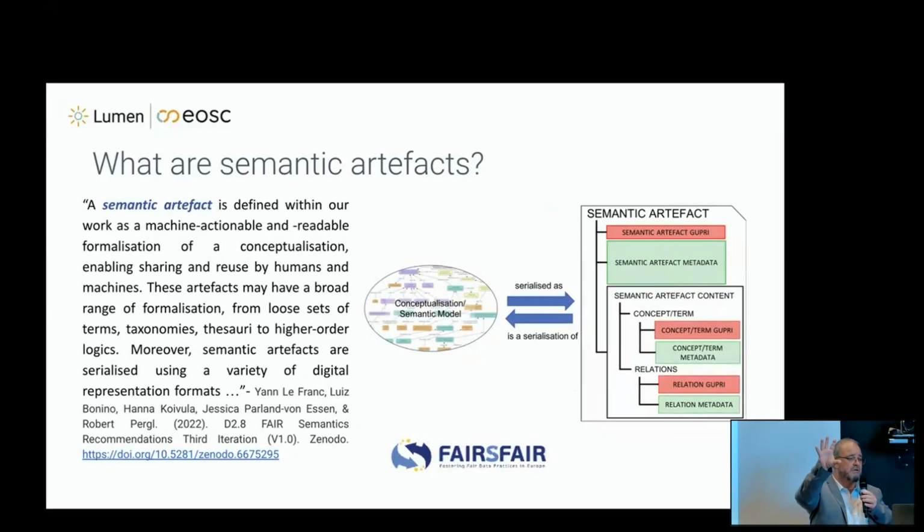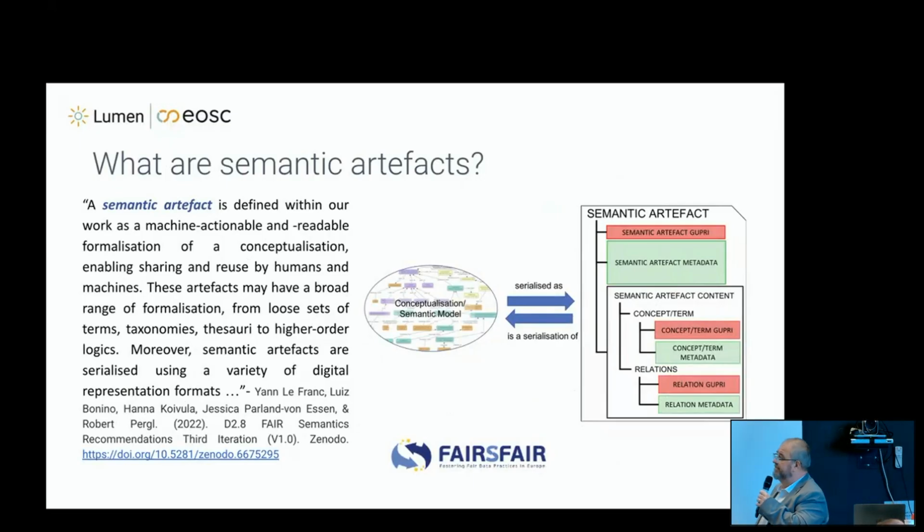So the ontology can be just a simple paperboard drawing, but at some point you need to implement that for machines. So you need to formalize it or serialize it into a format that the machine can understand. PDF or drawings, they don't. So basically, you have to put it there. And the idea is that a semantic artifact is this kind of implementation. This formalization of a conceptualization enables sharing and reuse by humans, of course, but more importantly for machines, right?